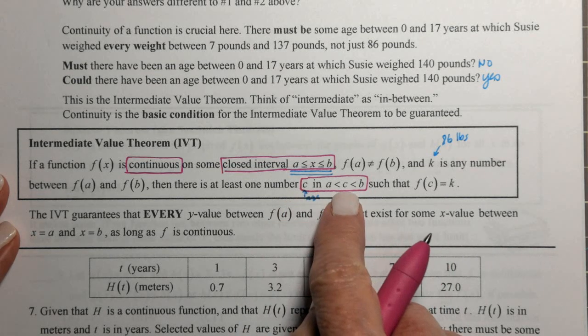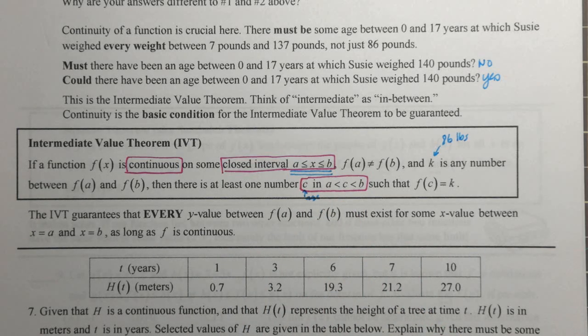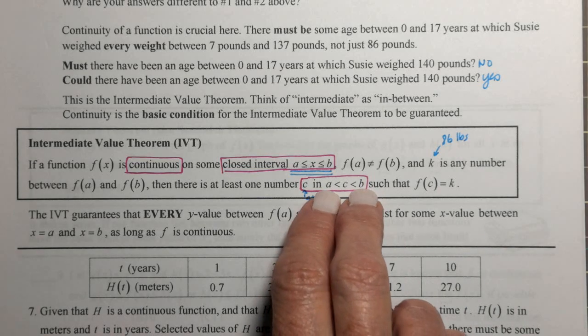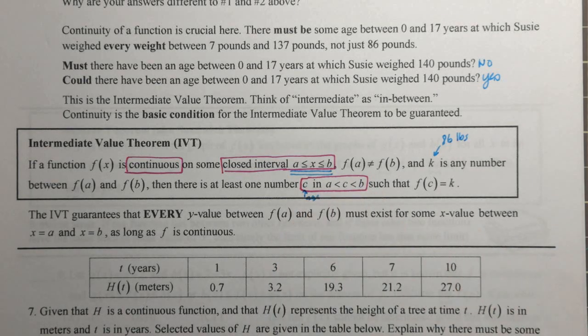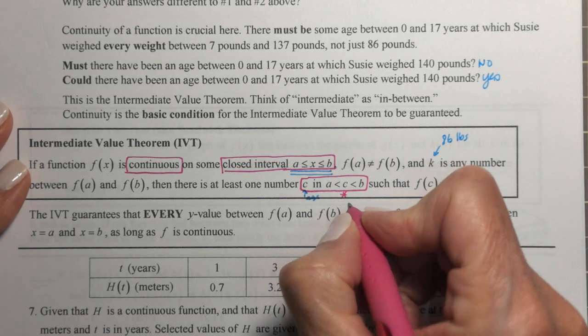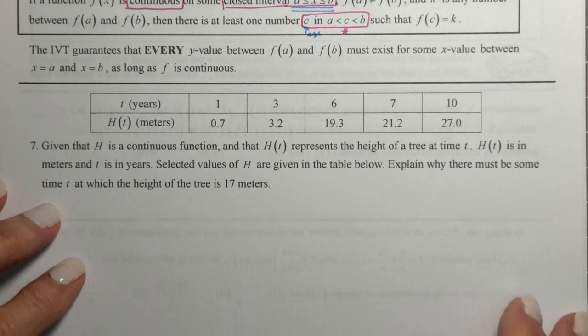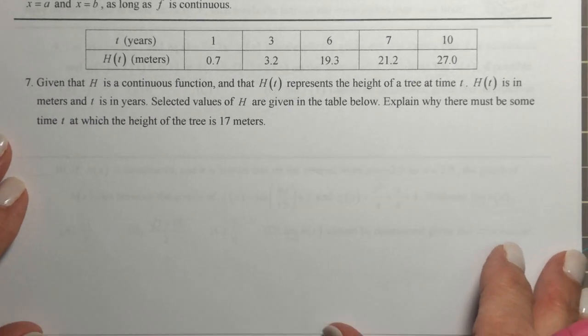C must be in the open interval, not outside the interval, and not at the boundaries of the interval. It must be inside, okay? This is the thing that kids forget right here, that C has to be between A and B, but not equal to A or B, all right? Okay, let's look at an example.